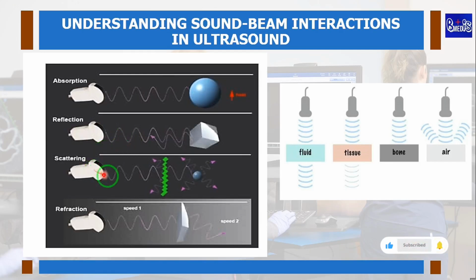Then we have scattering. Scattering occurs, like we saw, when the surface is irregular. When an ultrasound wave encounters an irregular surface, the sound is scattered in different directions. So this affects the amount of sound energy coming back to the probe. Remember, the principle is the sound wave is emitted, and on interaction, it comes back as an echo to create our image.